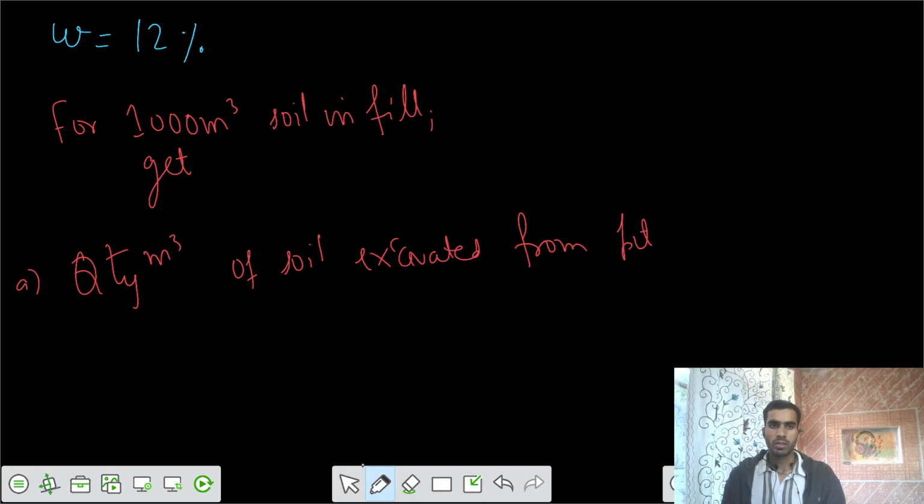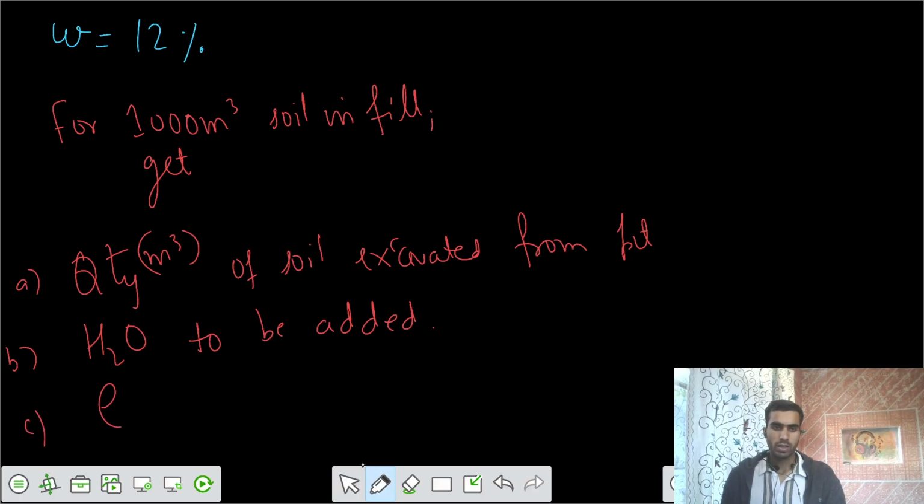So quantity means volume. The second part of the problem is how much water has to be added. And the third one is, what is the void ratio of soil in the fill and in the borrow pit?